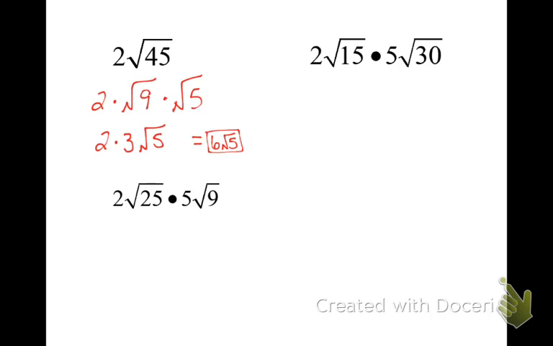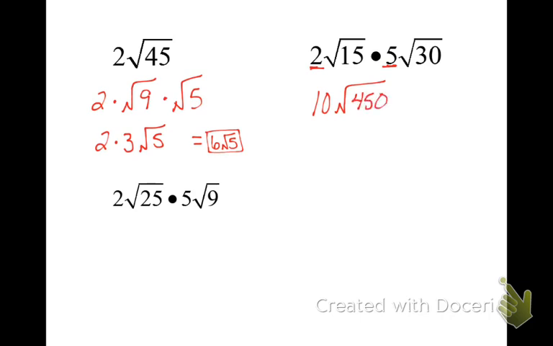Now, on one like this over here to the right, where I have 2 times the square root of 15 times 5 times the square root of 30, you can do this a couple different ways. Since 15 and 30 don't have perfect squares in them, what you can do is multiply the 5 and the 2, so I have 10, and then multiply 15 times 30, which gives me 450.